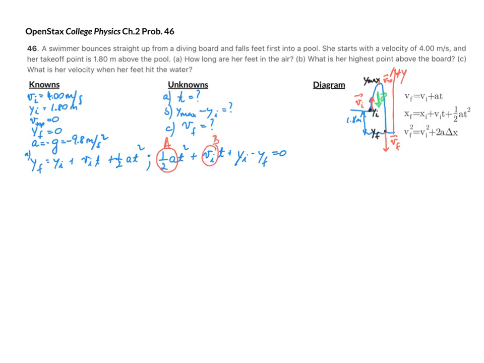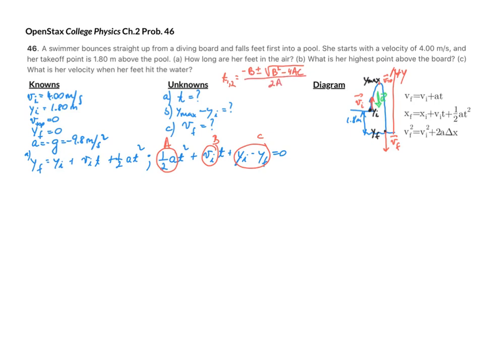The coefficient of t is b. And this one is going to be c. And we have to remember the quadratic equation. So t1, 2, we're going to get two values for that, is negative b plus or minus square root b squared minus 4ac divided by 2a.